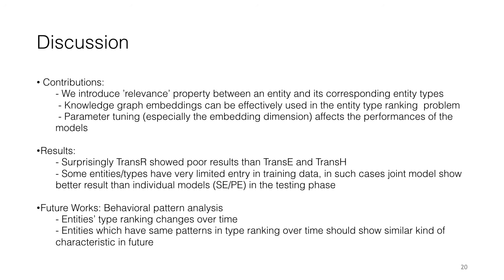One very interesting observation is the result of TransR among the structure embedding models. TransR showed promising results in the knowledge graph benchmark dataset. We know that TransR is a more complex model than TransE and TransH, of course. Over this type ranking dataset, TransR failed to project the entity and type relationships.